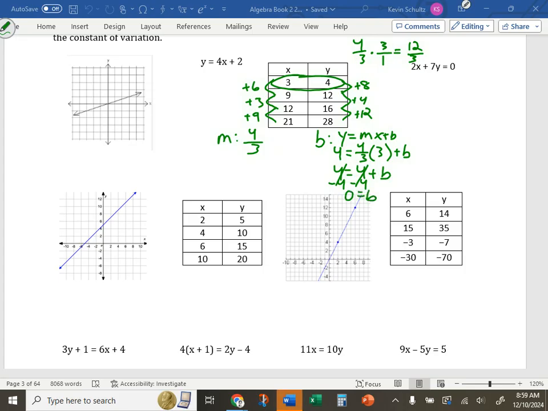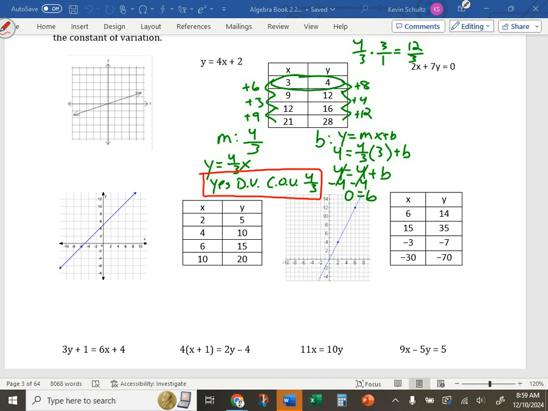0 equals b. So is this direct variation? Yes. The equation is y equals 4 thirds x. If you want to put the plus 0, you can. You don't have to. So yes to direct variation. And what is the constant of variation? 4 over 3. It's the slope that exists when you have a direct variation.